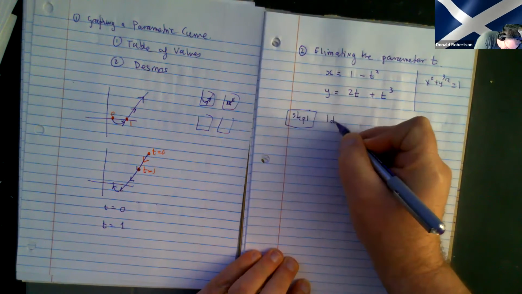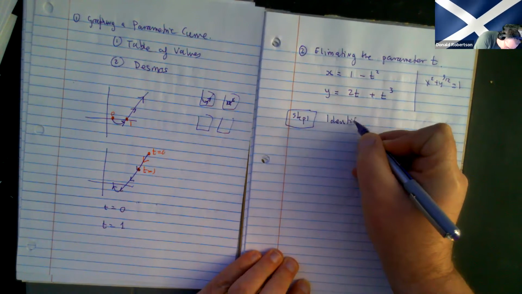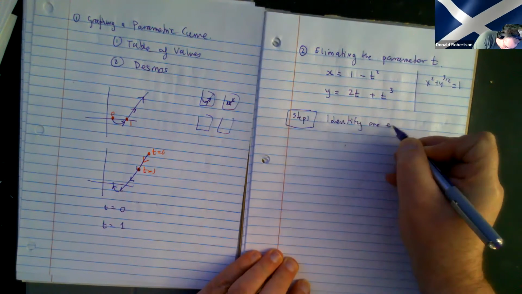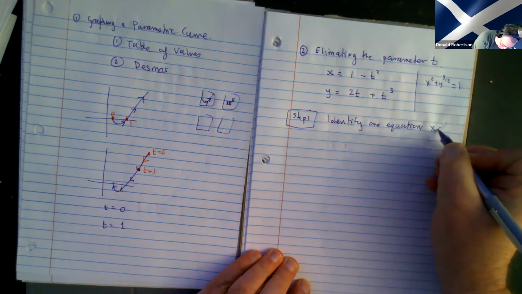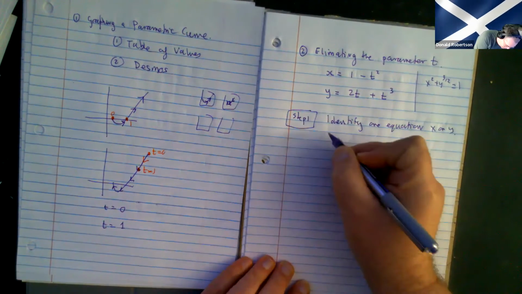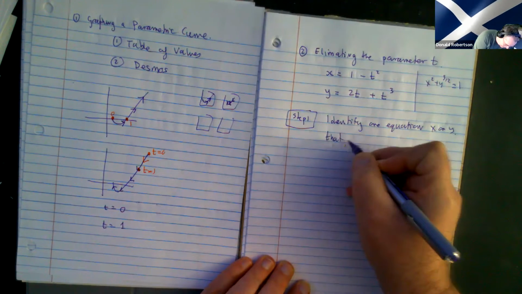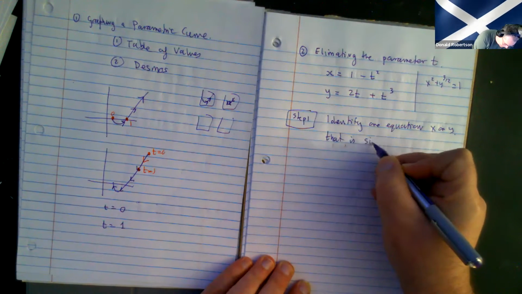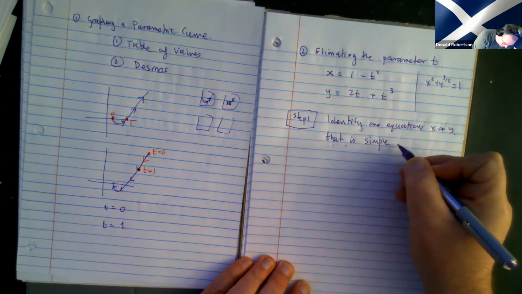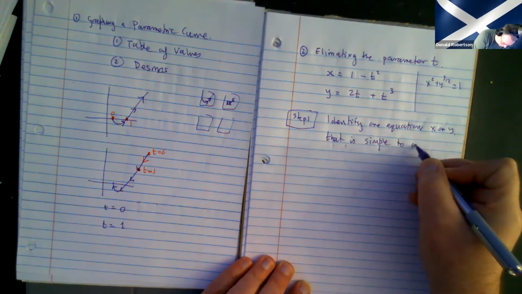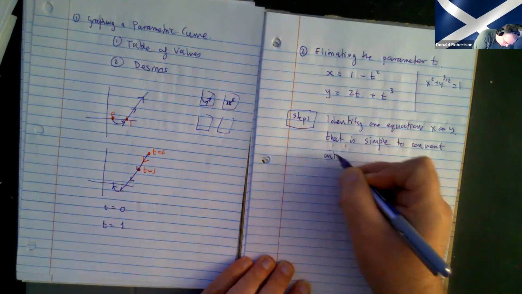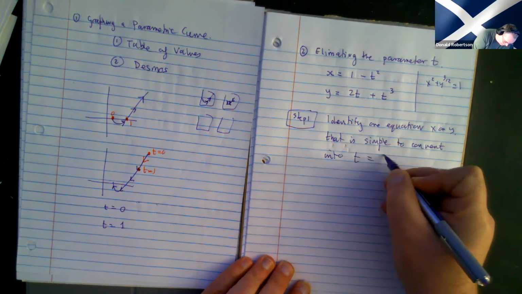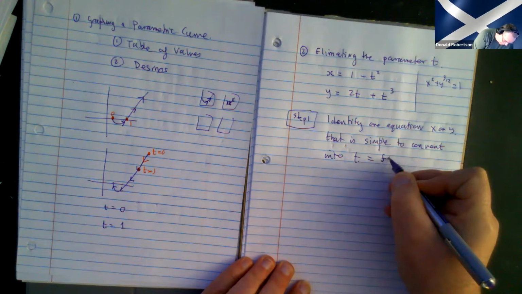Step 1, identify one equation. It can be either the x or the y, it doesn't matter. That is simple to convert into t equals some function of x.